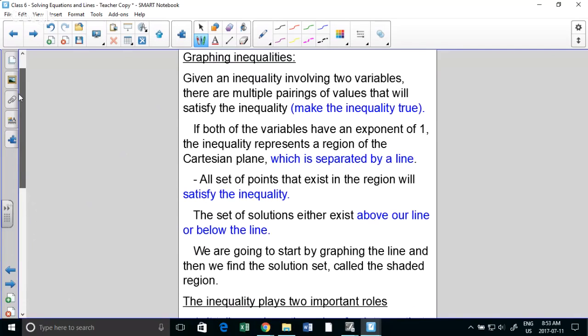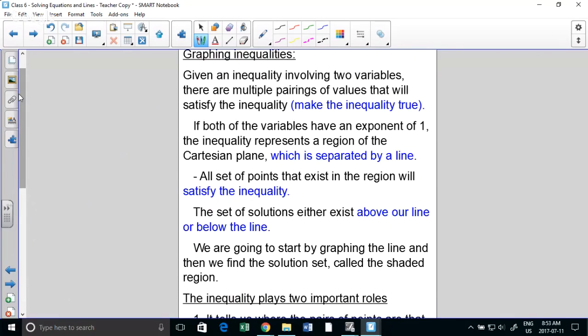So graphing inequalities. You looked at a lot of one variable inequalities in secondary 3. Today, what we're going to be looking at is 2 variable inequalities, okay? So something like this. I'll be scrolling back down, yes.